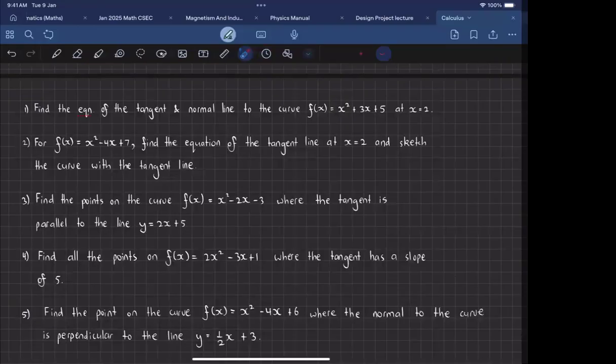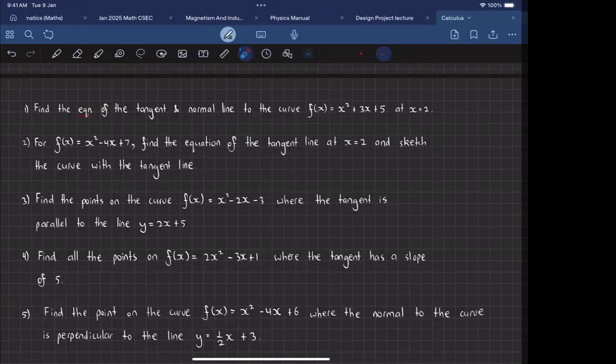That's Sonia's answer, but I don't know if that's correct. Let me see. So the first derivative is 2x minus 4. f(2) is 2 times 2, which is 4, minus 4, which is 0. All right, so Aliyah, if the gradient is 0, what does that mean?